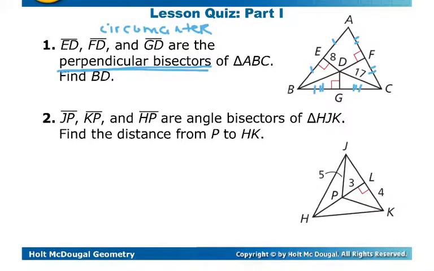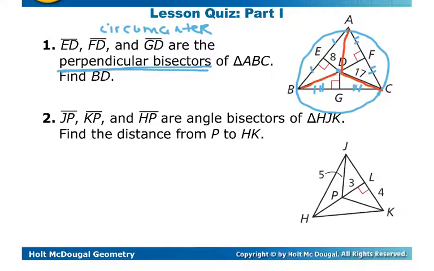Well, remember, the circumcenter gives us a circle with a center at D, meaning all of these pieces are congruent radii. And this one just isn't shown.